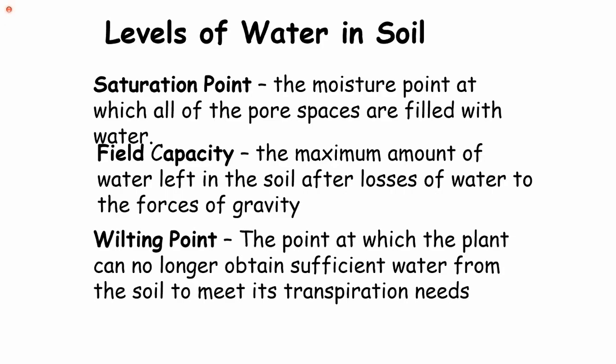So saturation point is when all the pores in the soil are filled with water. The moisture point at which all the pore spaces in the soil are filled with water is called the saturation point.